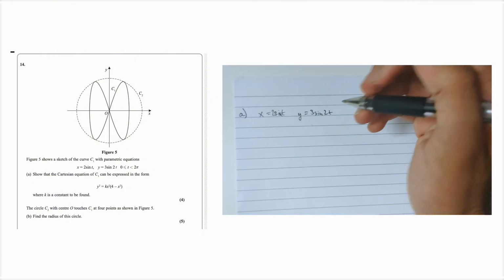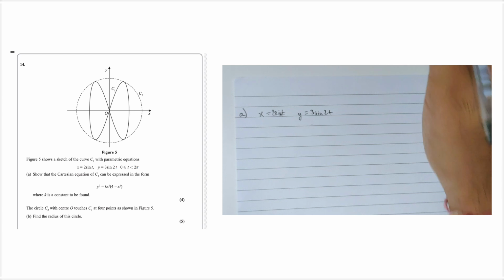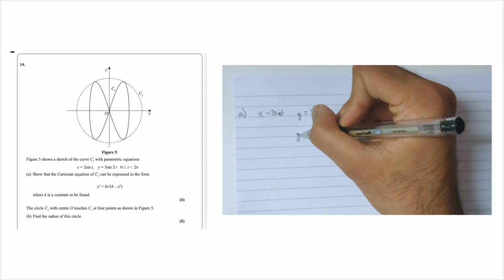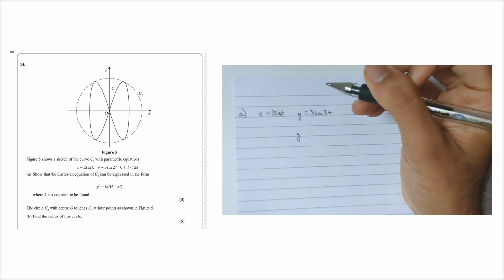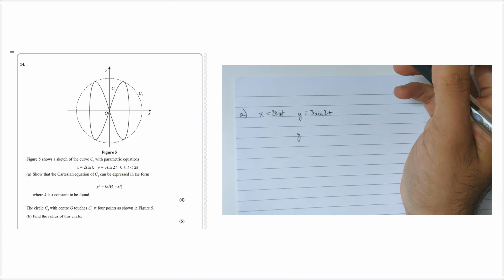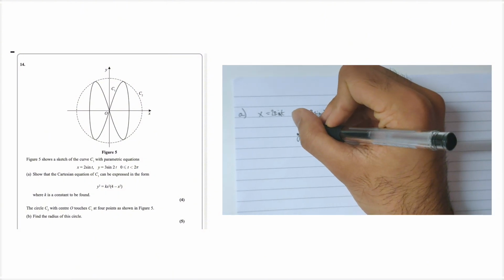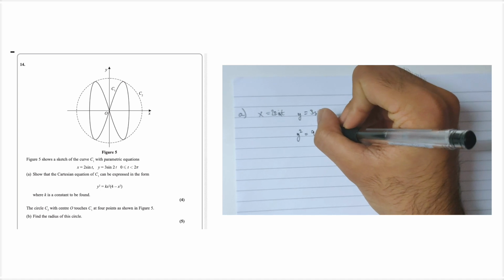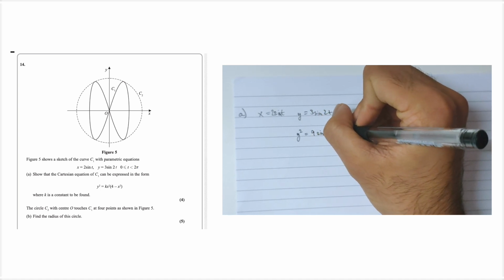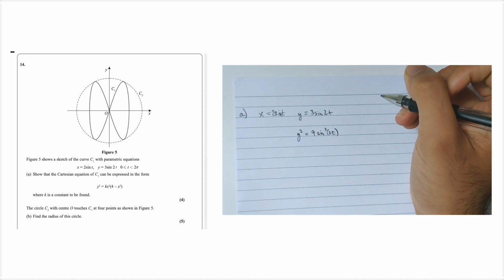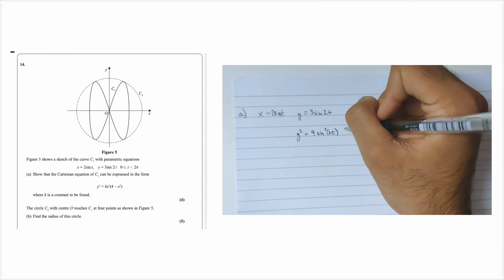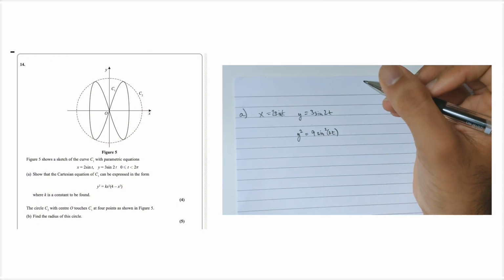Well, the first thing I would do over here is square the y, because the question wants it in terms of y squared equals k squared (4 minus x squared) in brackets. So I would square the y and get 9 sine squared 2t. Then I would notice that sine 2t is a double angle formula.